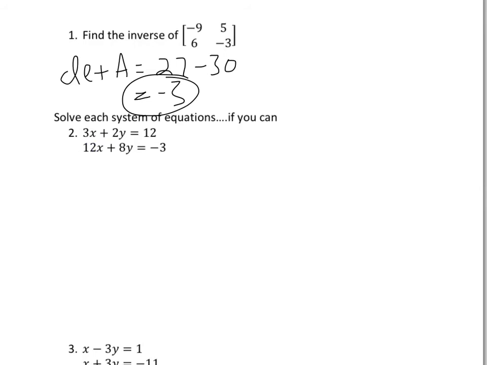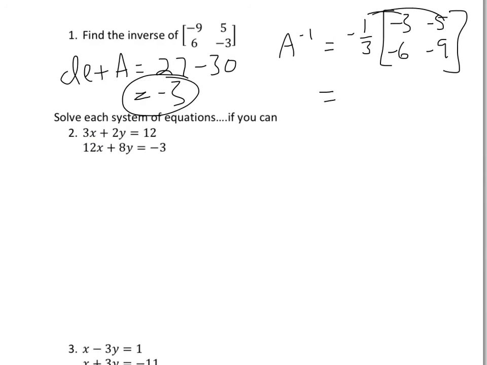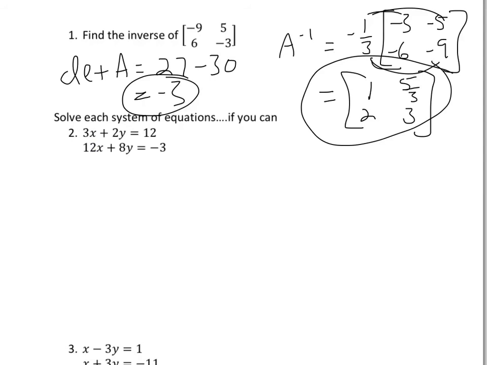So the inverse of A equals -1/3 times our matrix where we move stuff around, -3, -5, -6, -9. When we do our scalar multiplication here, we get 1, +5/3, 2, and 3. That is our inverse right there.